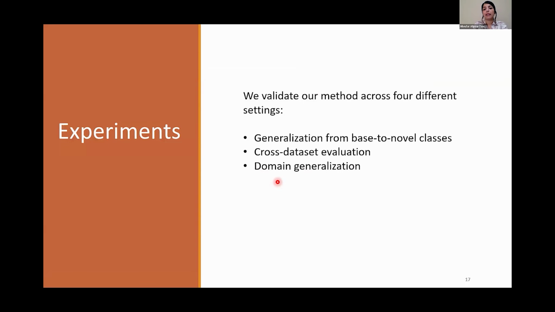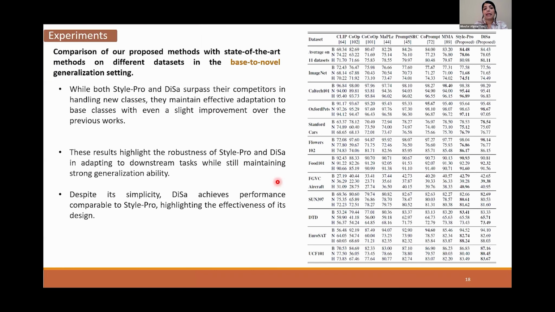Let's take a look at the benchmarks for comparing methods with each other. One of them is the base-to-novel generalization setting. All the state-of-the-art works usually utilize this setting. This is a simple setting, we utilize 11 datasets.